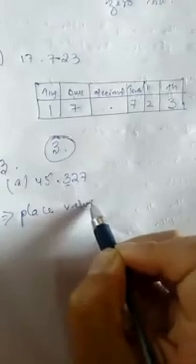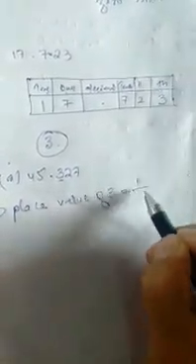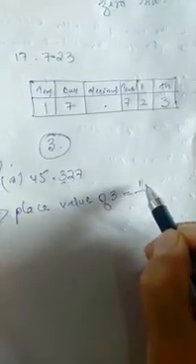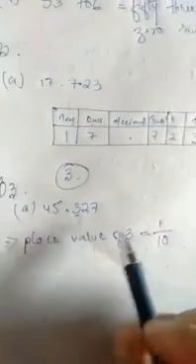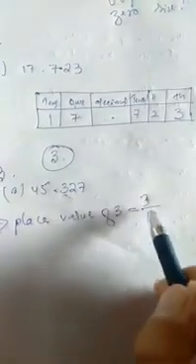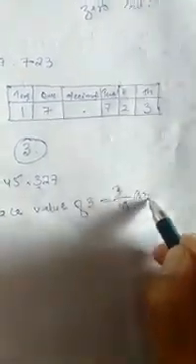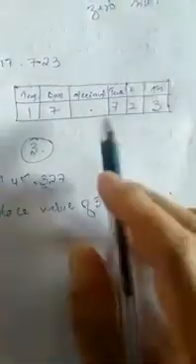Place value of 3 is equal to 3 by tenth. Oh sorry, here we have 3, right? So you write 3 by tenth. After the point, the first digit is tenth, right? So 3 by tenth, or in decimal, what will you write?